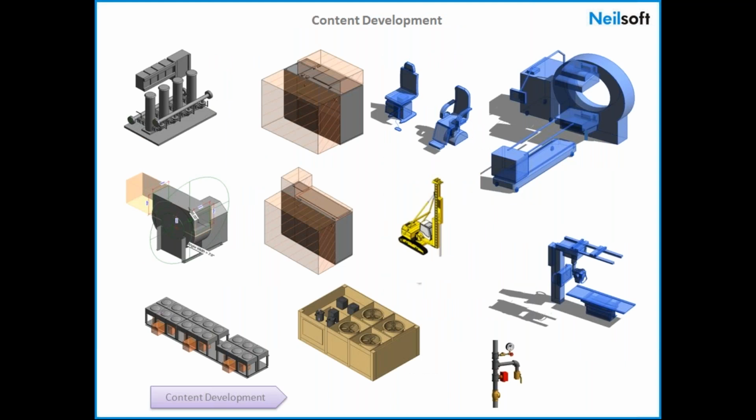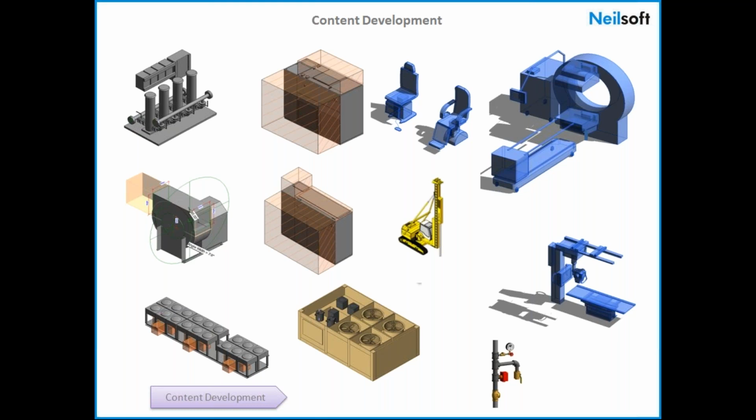In this slide, you can see a few examples where we have developed families for healthcare or other MEP equipment or even furniture or plant-related systems. Depending upon the type of family and the requirement, it could be a static family or it could be a smart parametric family with some intelligence built into it. Let's take the example of a family for a door. With the door, there are automatically positions marked as the door swing positions, so that in case of clash detection, if someone keeps any other equipment within the swing of the door, then that can be captured and reported.